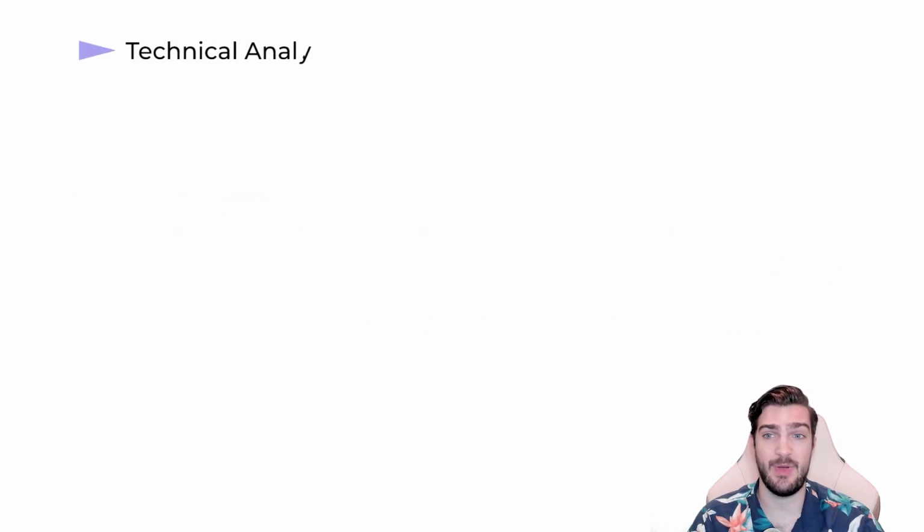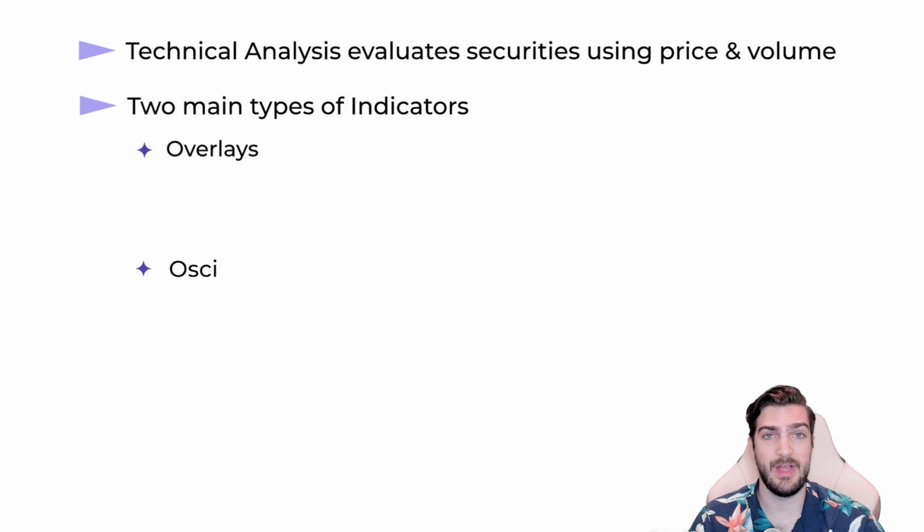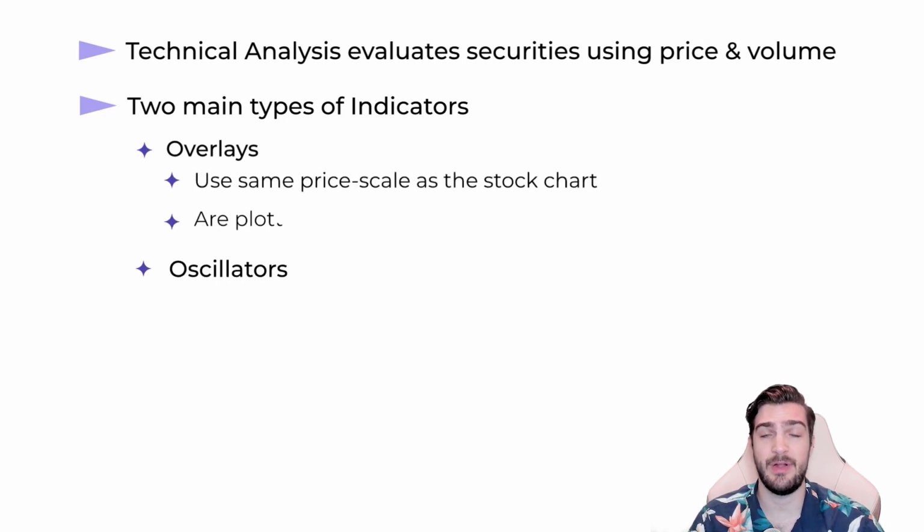We covered that technical analysis is a way of evaluating securities by using their price and volume data to inform decisions. There are two main categories of technical indicators that we use: overlays and oscillators. Overlays use the same price scale as the securities chart and can be plotted on top of that chart.